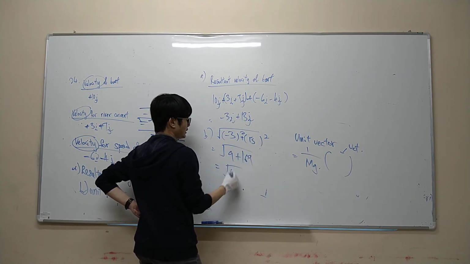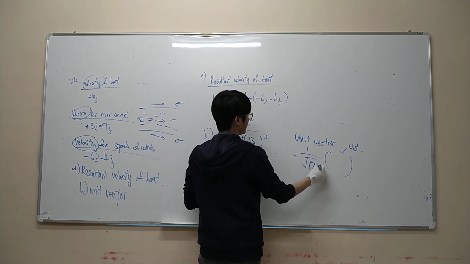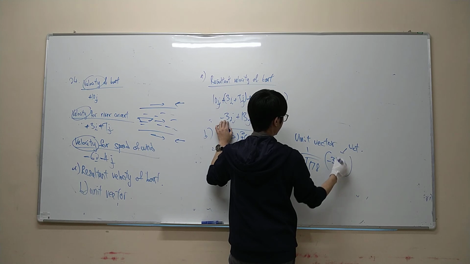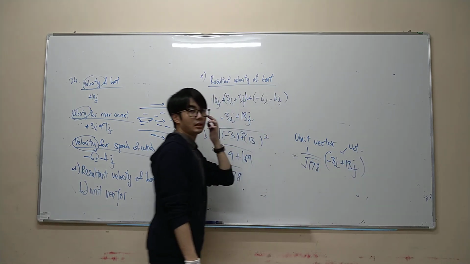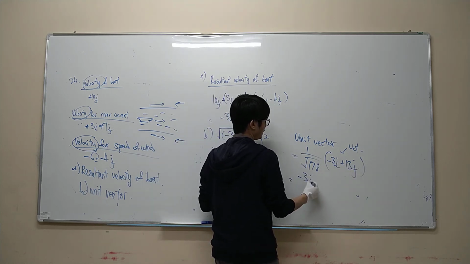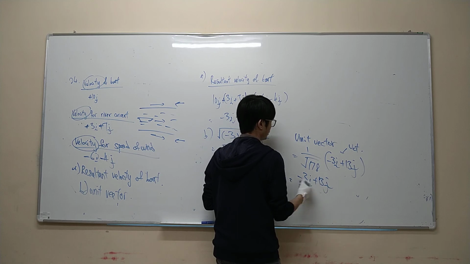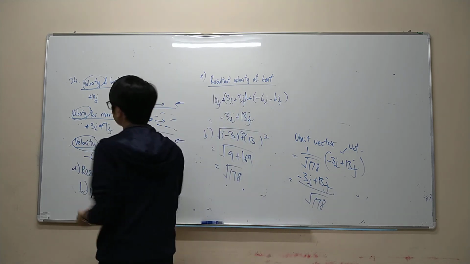So it's square root 178. So here is square root 178. And the vector will be negative 3i plus 13j. So that's the answer. Okay, that's all. You can also write it all together, so it becomes negative 3i plus 13j over square root 178. Okay, can also. Okay, that's the answer.